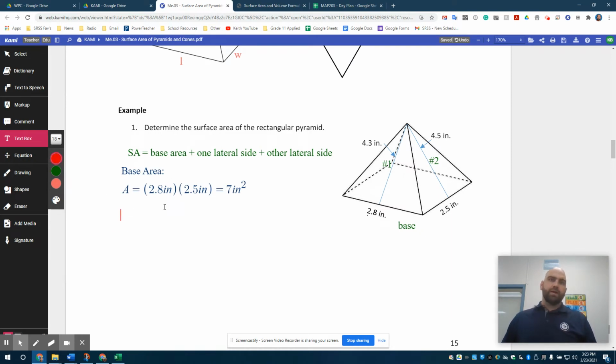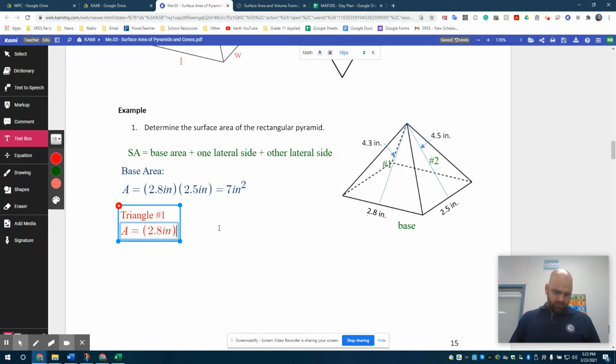Next, we're going to find triangle number 1. Triangle number 1 has a base of 2.8 and a height of 4.3. It's going to be 2.8 inches times 4.3 inches, and then we divide by 2 and then multiply by 2, because it's a triangle and because there are 2 of them.